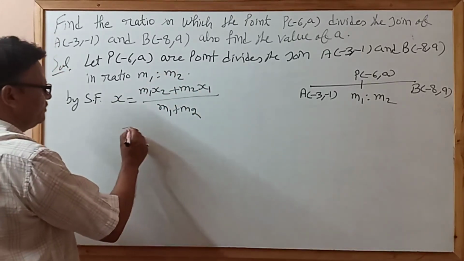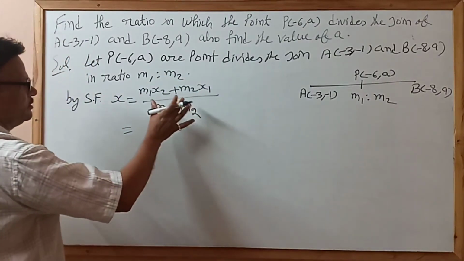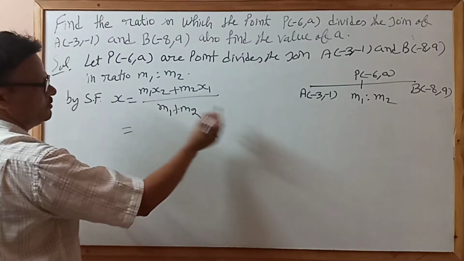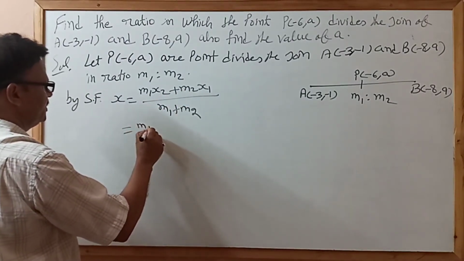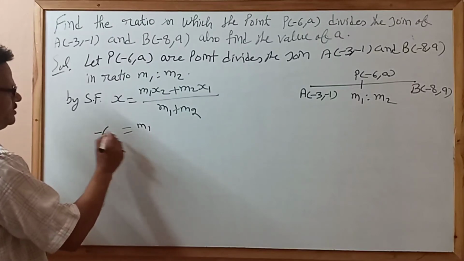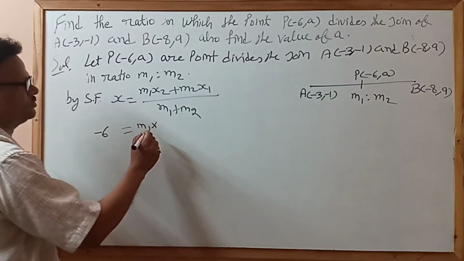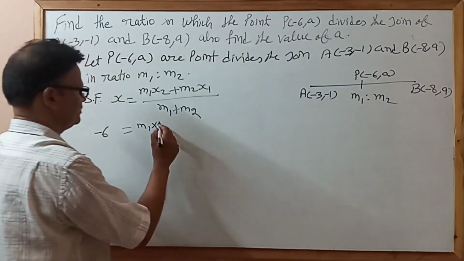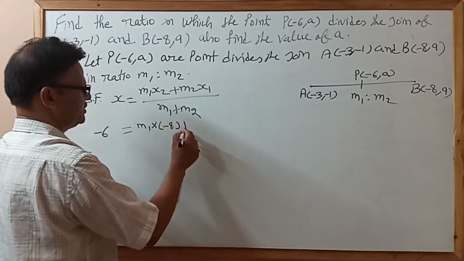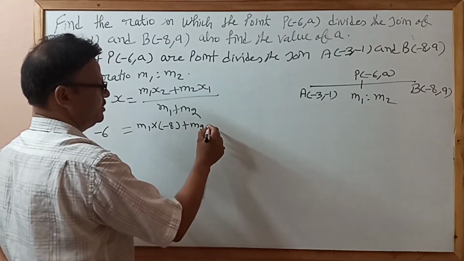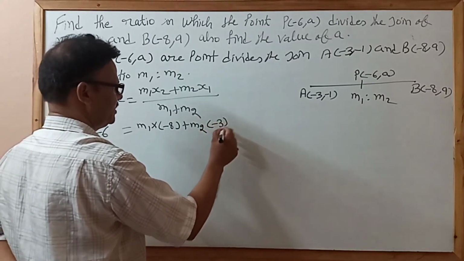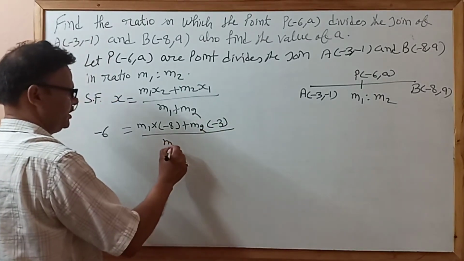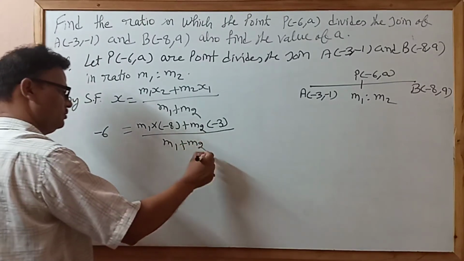Put the values given. m1 we don't know, x that is -6, m1 we don't know, x2 is -8, plus m2, x1 is -3, over m1 plus m2.